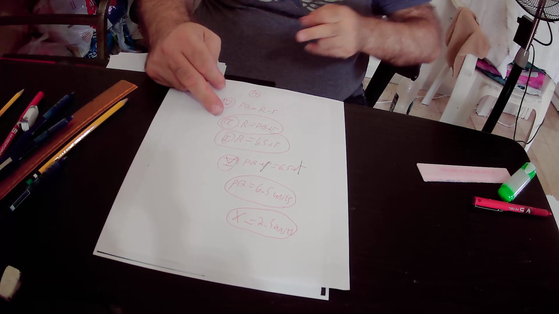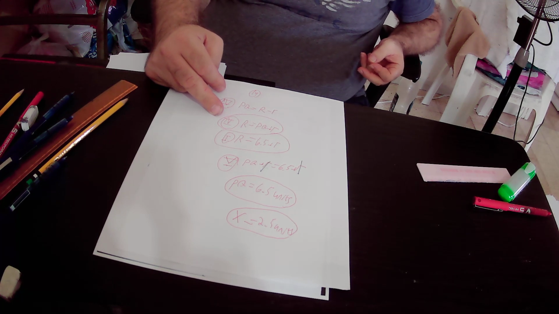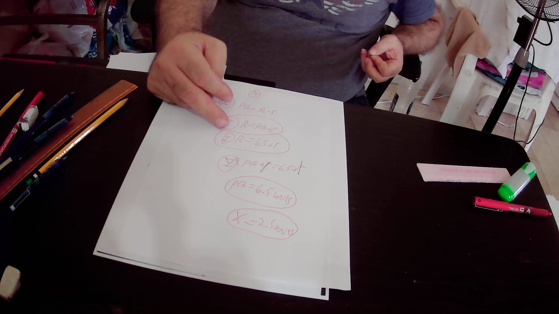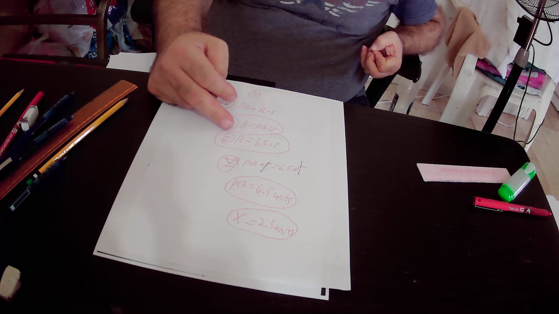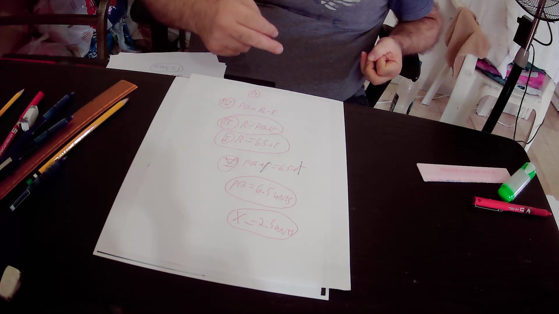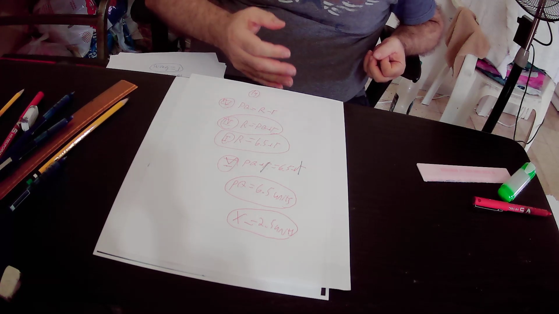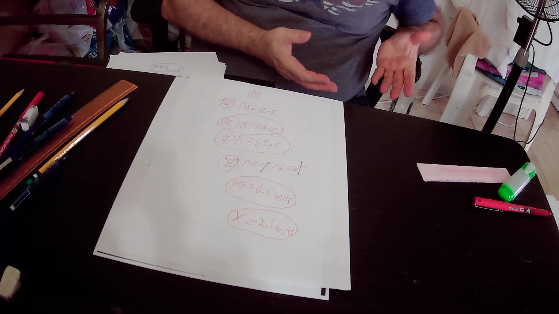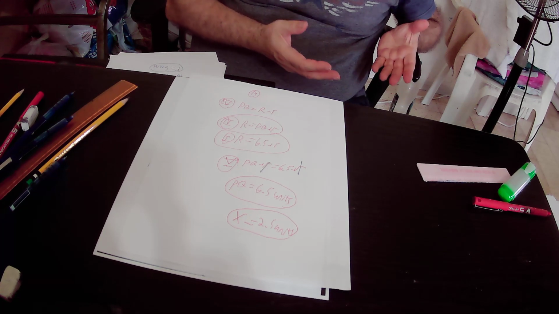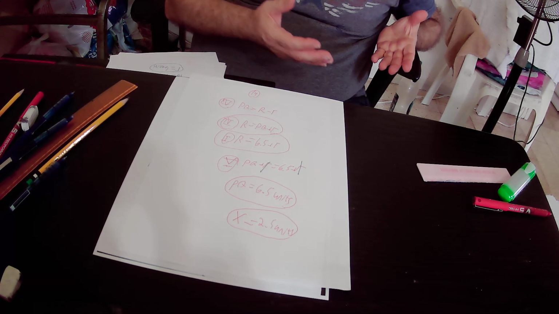So from this equation we got that capital R equals PQ plus R. But we have equation number 1 that states that capital R equals 6.5 plus small r. So we have two expressions for the same radius, and of course they are equal to each other because they are expressions for the same radius.